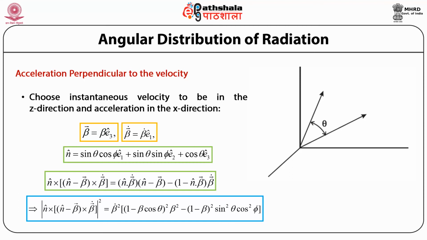n cap equals sin theta cos phi e1 cap plus sin theta sin phi e2 cap plus cos theta e3 cap.